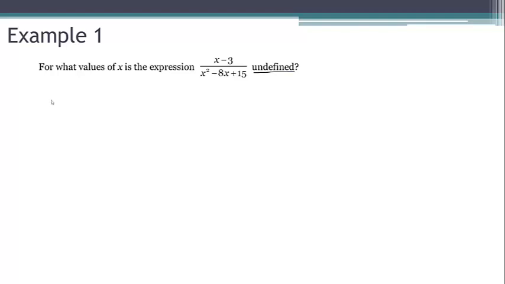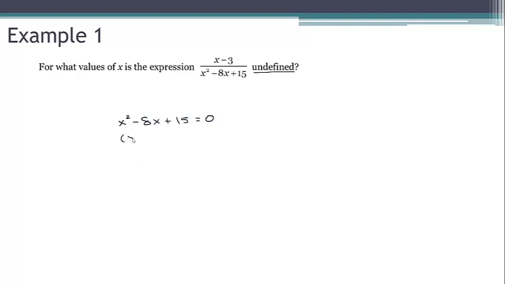And we know how to find those. I'm going to take the denominator, x squared minus 8x plus 15, and set that equal to 0. When the denominator is equal to 0, the expression is undefined. So now I need to solve this equation.